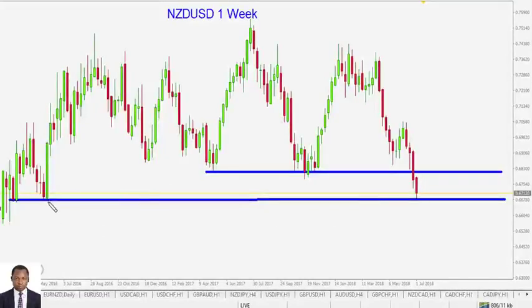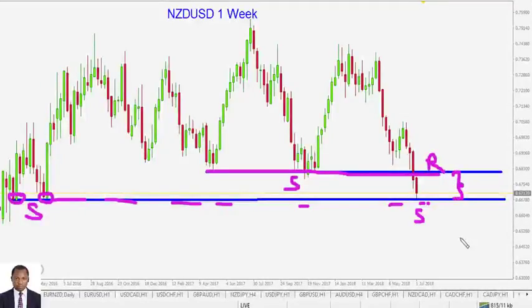Price is trading around a support zone, right here, also around this former level of support, which may now be acting as resistance. So it is trapped within that zone.